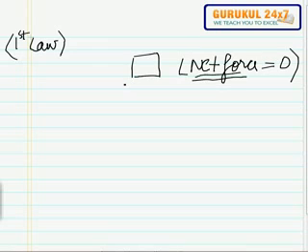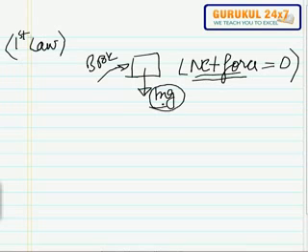Like if there's a book lying on the table, assume that this is a book. If this thing is lying on the table, that means it has a weight, so there is a force acting on it.